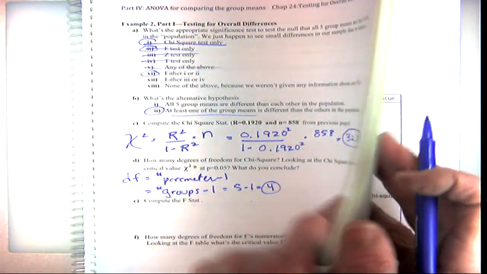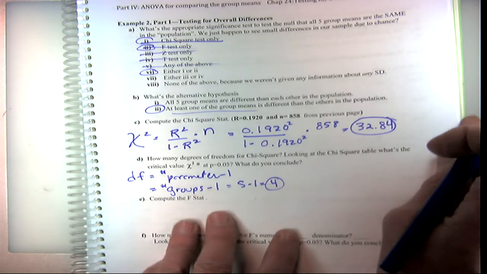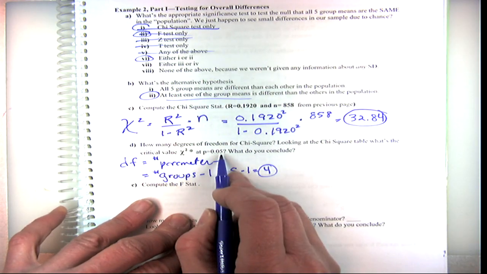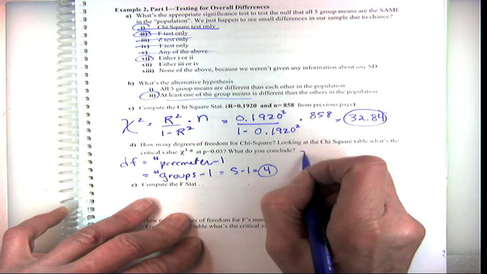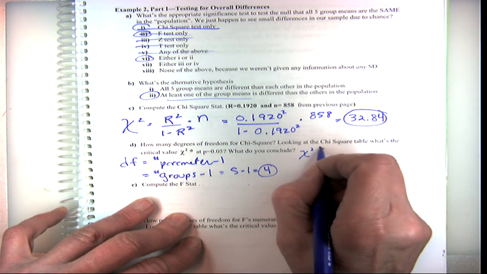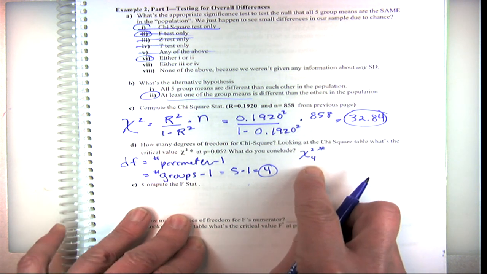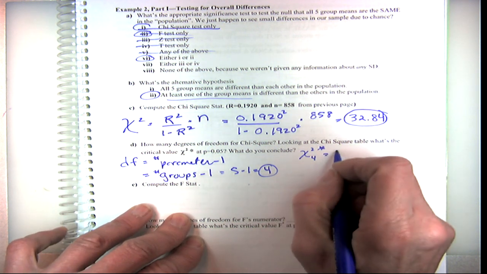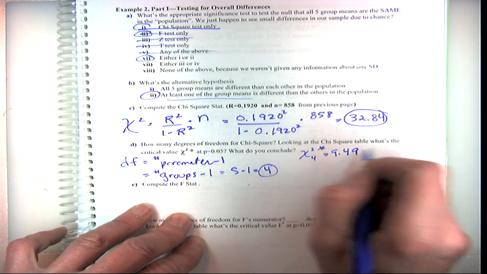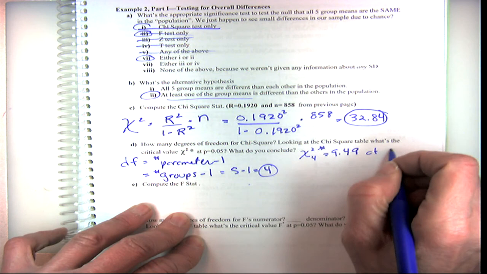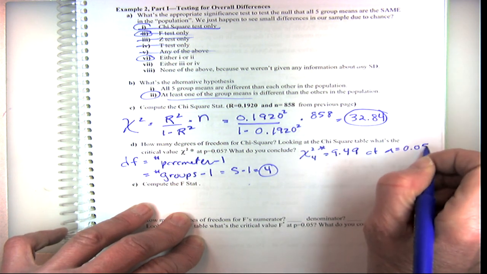Okay? So let's write that down. The critical value, the star value, with a chi-square curve with 4 degrees of freedom is 9.49. This is at alpha equals 0.05.